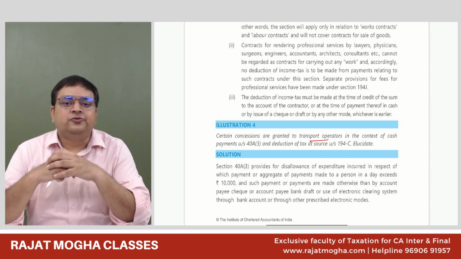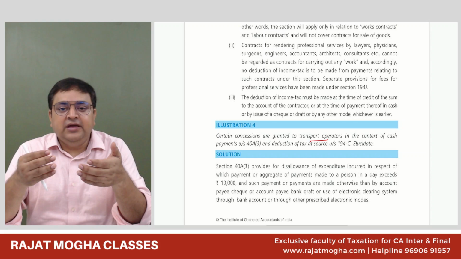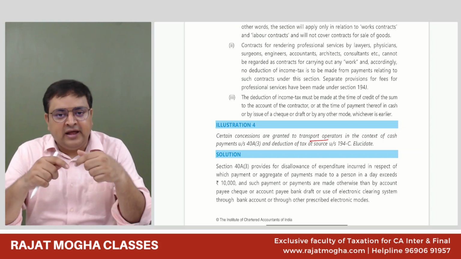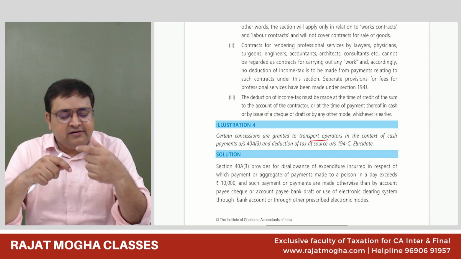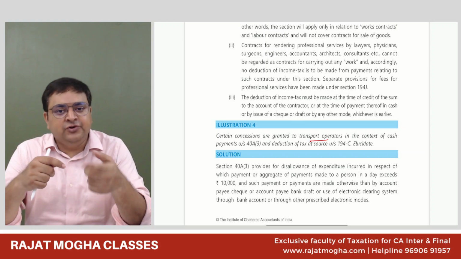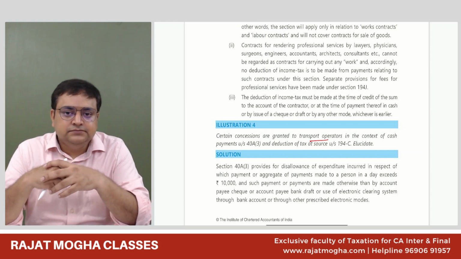So in that case, this is also a contract, and if that transporter is an individual or HUF, 1%; if the transporter is other than individual or HUF, then 2%, if the threshold limit is exceeded.